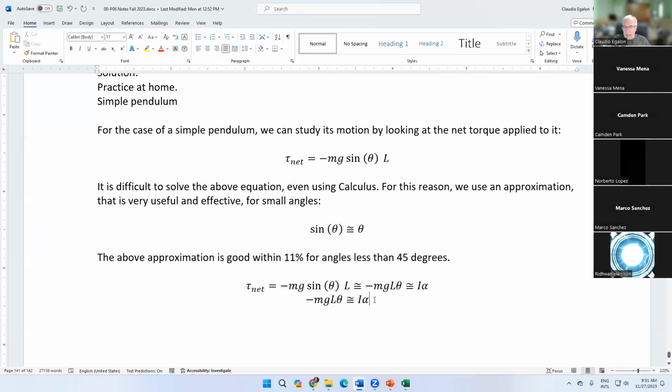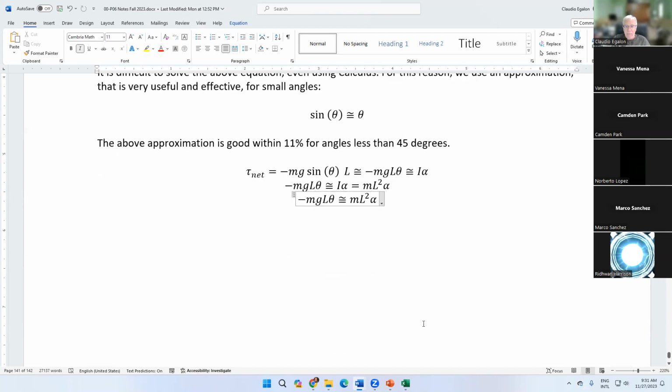And then because the simple pendulum is a point mass, the moment of inertia of the simple pendulum is going to be ml squared. I put the equal here because I'm talking about this equation here. That's why I put an equality here. But if I'm going to rewrite this equation just with the mgl theta, then I have to go back to the approximation sign.